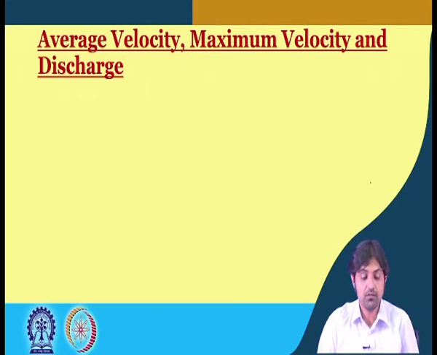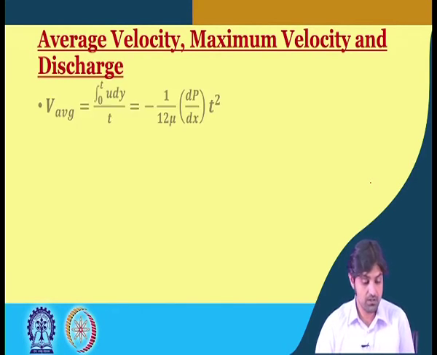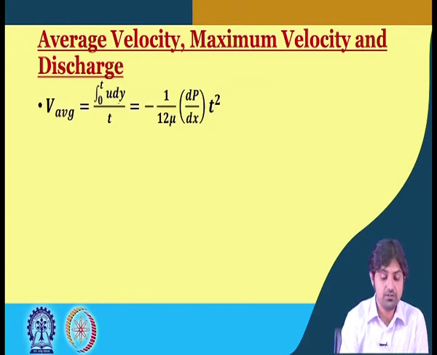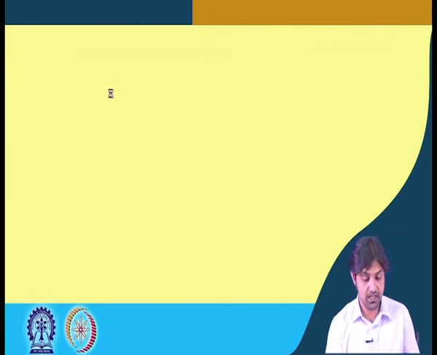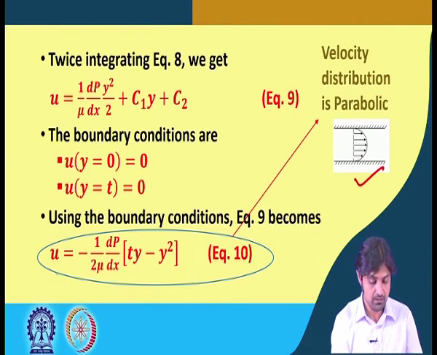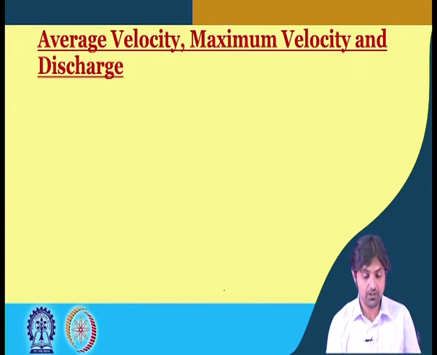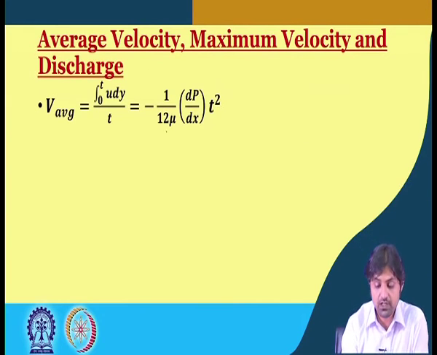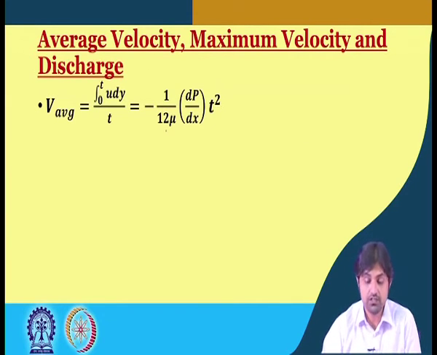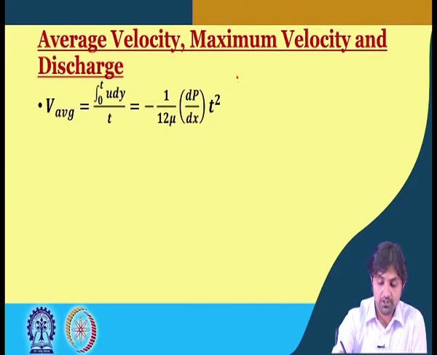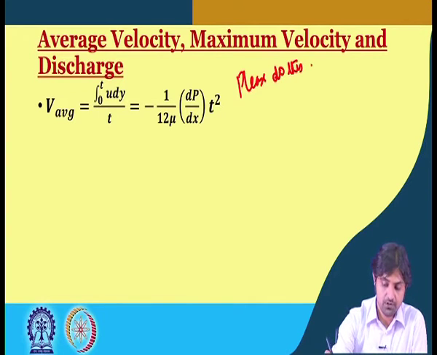Now repeating the same procedure for average velocity, maximum velocity and discharge. The average velocity is again given by the integral from 0 to t of u dy by t, and if you put u as obtained in the last slide here, what we obtain is minus 1 by 12 mu dP/dx t square. Please do this as a homework exercise.